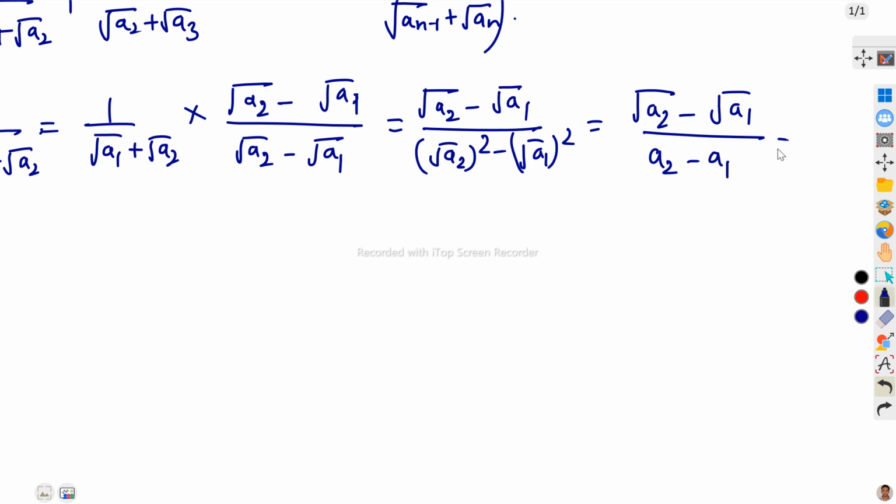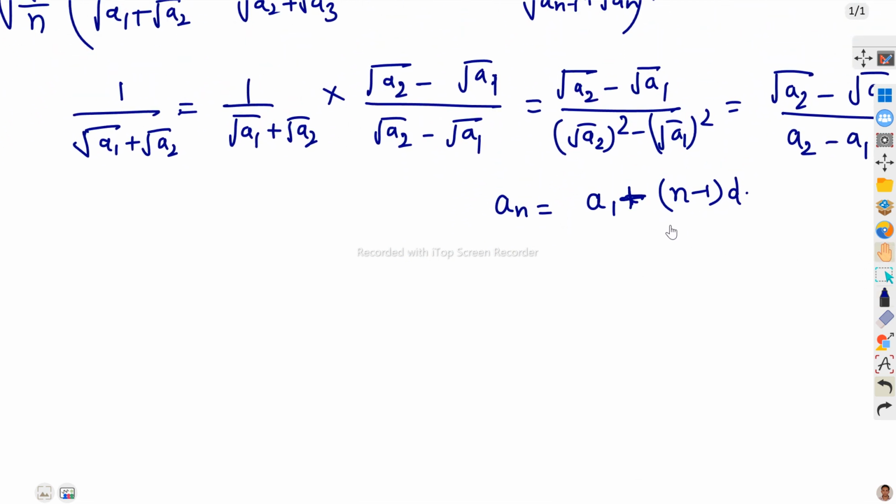So this is equal to square root a2 minus square root a1 upon d, since we know that an equals a1 plus n minus 1 into d. This is the formula for the nth term of AP.